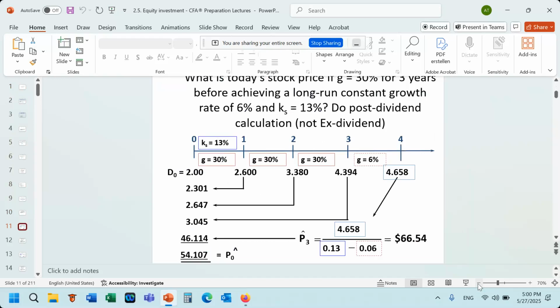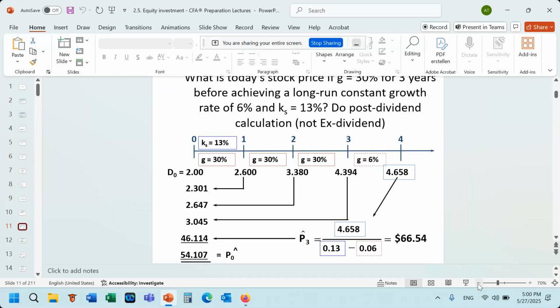We have to discount this future value and bring it to present. Because it's 3 years in the future, we divide this 66.54 by 1.13 for 13% cost of capital raised to power 3, or discounting for 3 years.